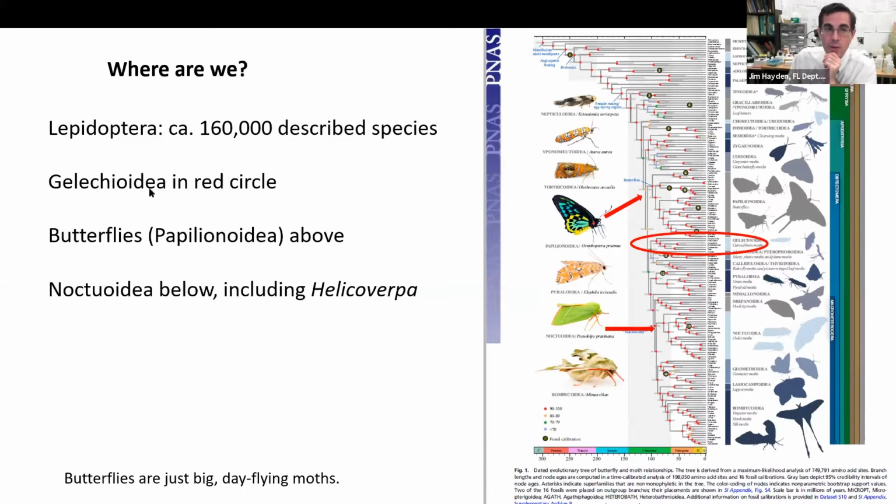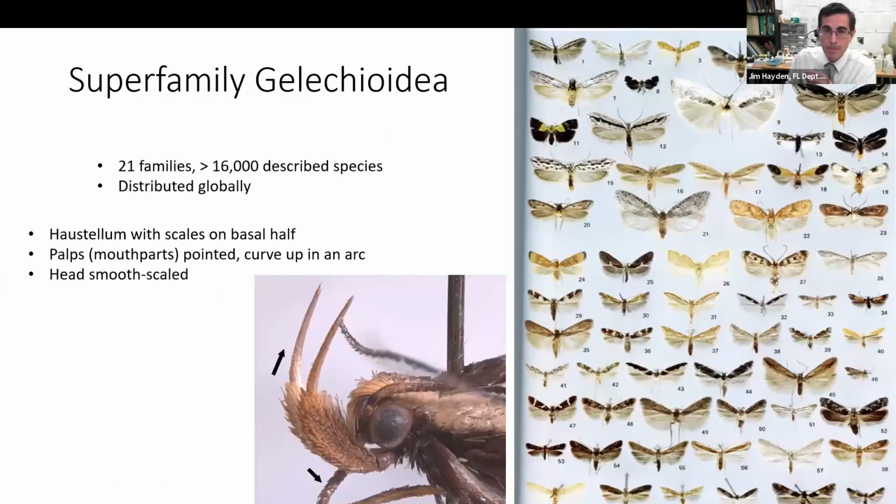Family Gelechiidae, superfamily Gelechioidea. To orient you, the butterflies are just over here in this group, and the Noctuoidea with the target dissection subject, Helicoverpa, is down here. So we're going to successively zoom in on this.